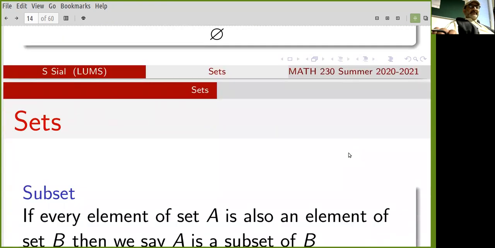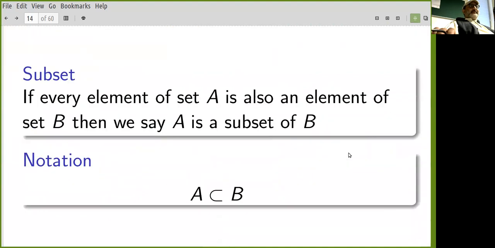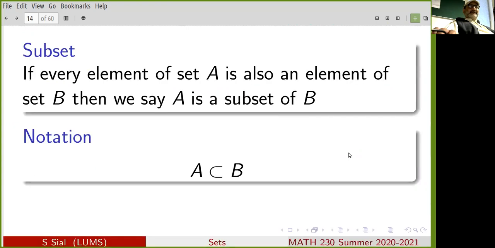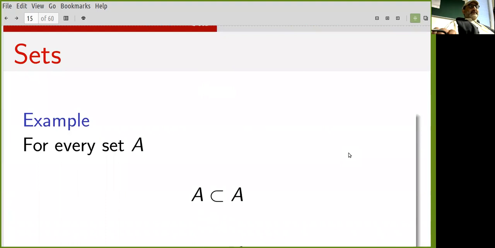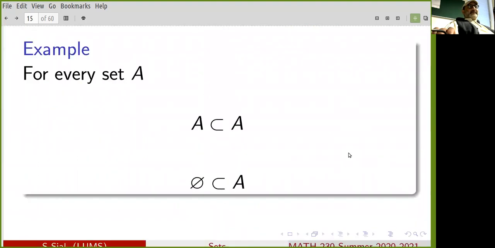Okay, subsets. We're going to talk about those a lot. So A is a subset of B is the same as saying that every element of the set A is an element of the set B. And this is the notation. We read this as A is a subset of B. Okay, so some examples of subsets.